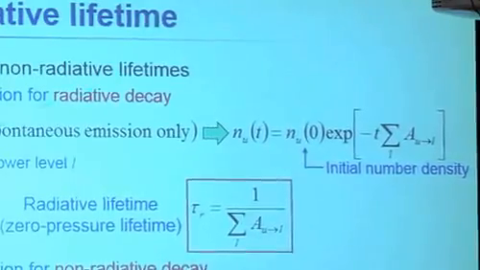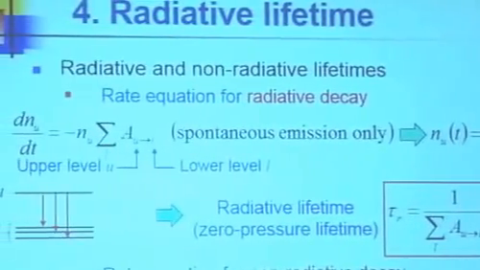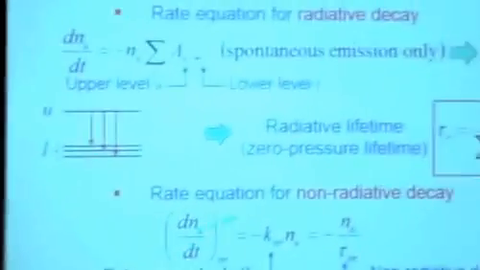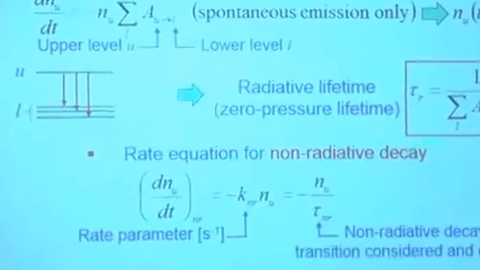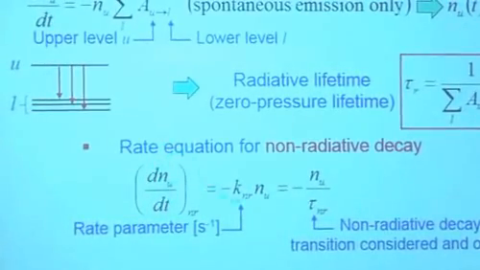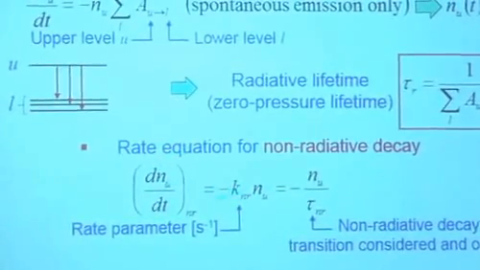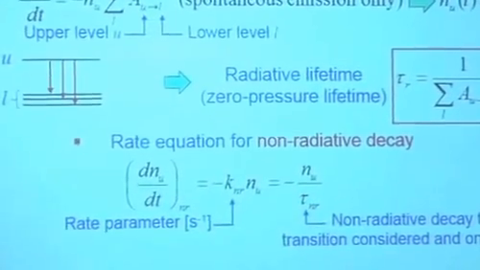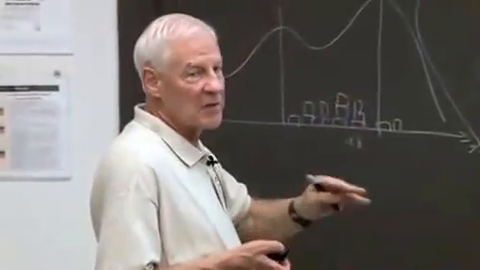Now, I mentioned the radiative decay rate because you have to recognize that in many practical problems, there are collisions. And so there's also a rate equation for non-radiative decay. The rate of change of the upper state could be minus some sort of rate coefficient, the number over the non-radiative time. So if there are collisions, they may be pulling it down much faster than radiation.